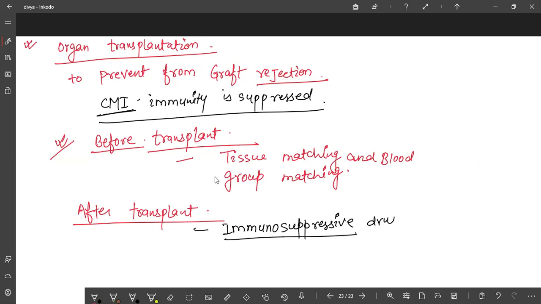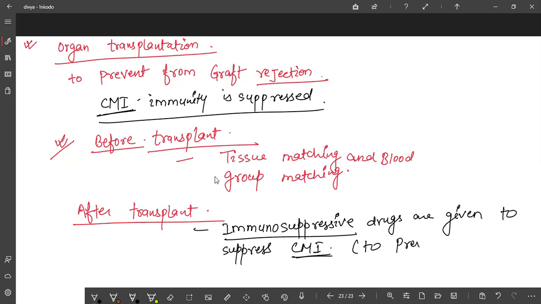Immunosuppressive drugs are given to suppress what type of immunity? Cell mediated immunity, and for what purpose? To prevent graft rejection.